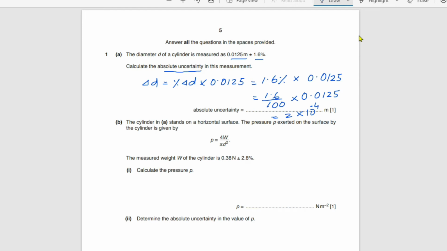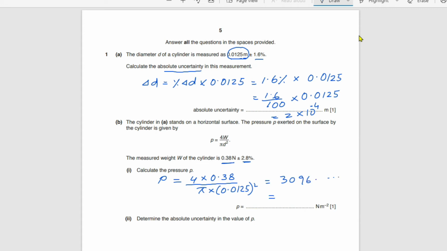Now moving to the next question, the continuation of this question, we have to find out the pressure. So just substituting the values of weight, pi d square, d is 0.125 meter, so we substitute the square of that in this denominator, and we calculate the value for pressure to be 3096 point something.